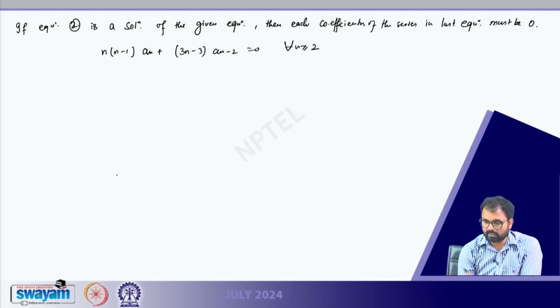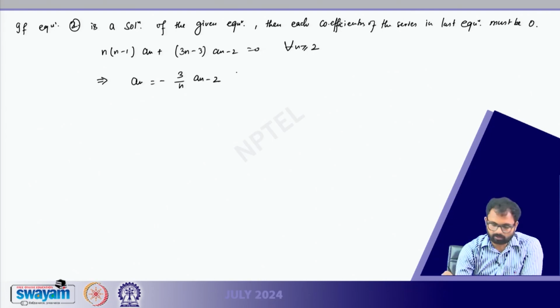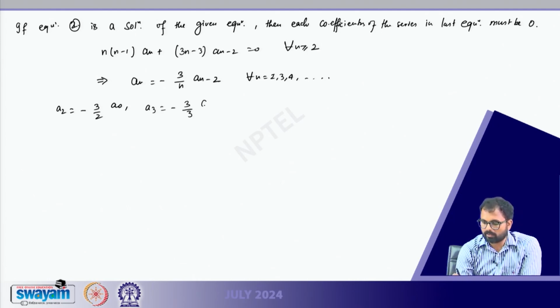So, this is basically a recursive relation, or a mathematical induction formula. From here we will get a_n equals minus 3 by n times a_(n minus 2), for all n equals 2, 3, 4 and so on. So from here, what will be our a2? a2 will be minus 3 by 2 a0, then a3 will be minus 3 by 3 a1, that means minus a1.